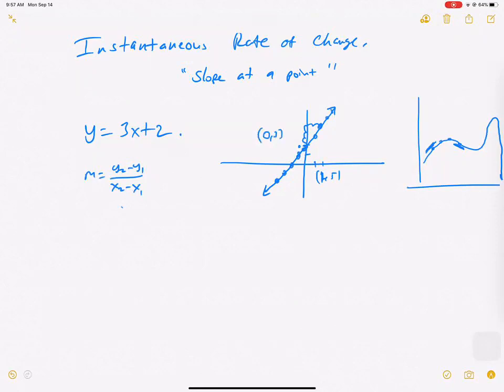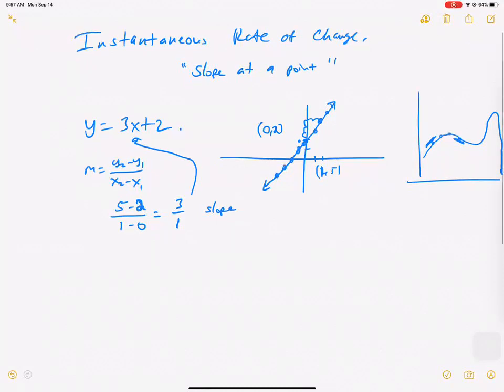The way we did that, we just subtracted 5 minus 3 over 1 minus 0, and that came out to 2 over 1, which is our slope. And no matter which 2 points you pick, it's always going to be the same because it's a straight line.